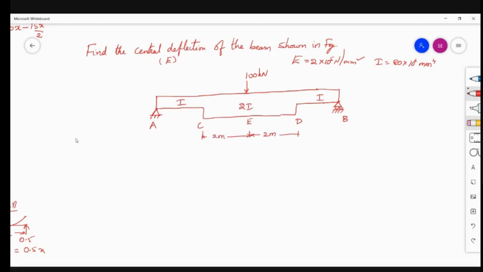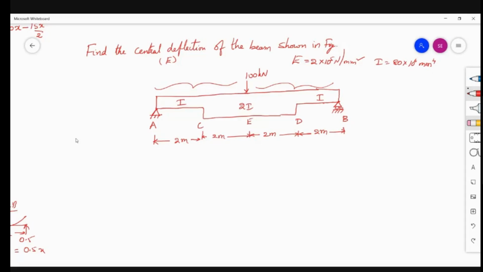Here understand, to solve this problem, first thing is there is a change in the loading pattern from AE to EB. From here to here, there is a load change in the loading pattern. Hence, you need to consider AE as one portion, EB as another portion. In between AE, there is a change in the moment of inertia.